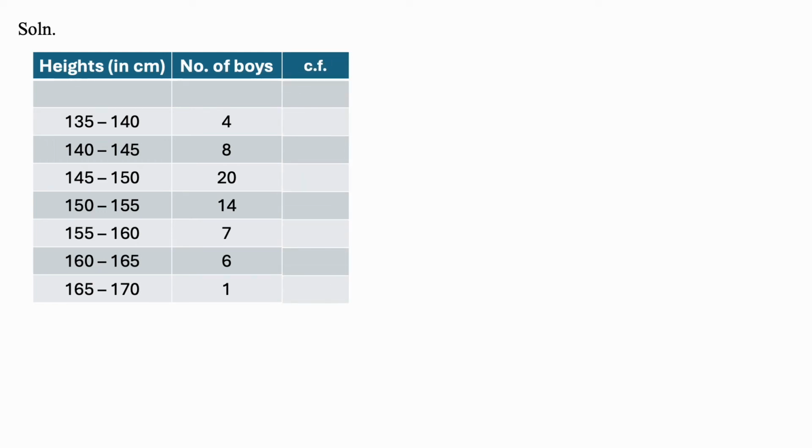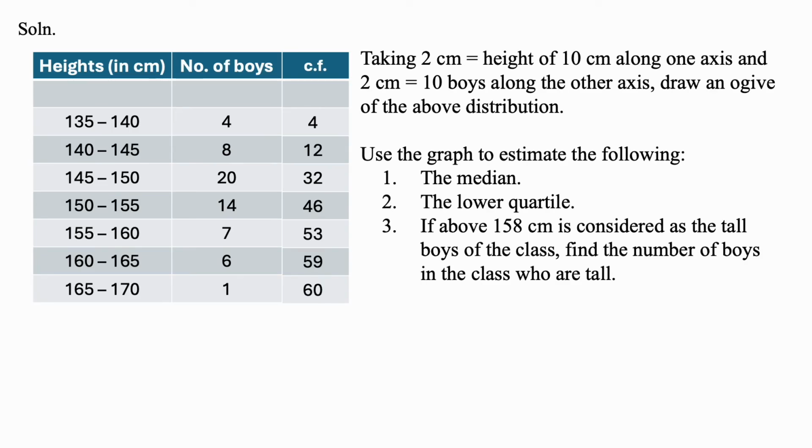So first cumulative frequency is the frequency itself 4, and then we keep on adding one by one all the frequencies. So 4 plus 8, 12, plus 20, 32, plus 14, 46, plus 7, 53, plus 6, 59, and plus 1, 60.